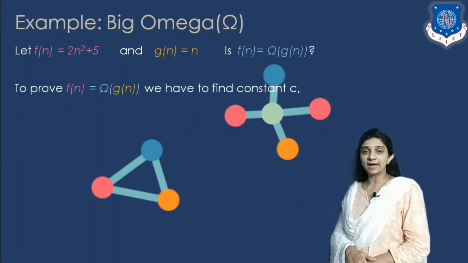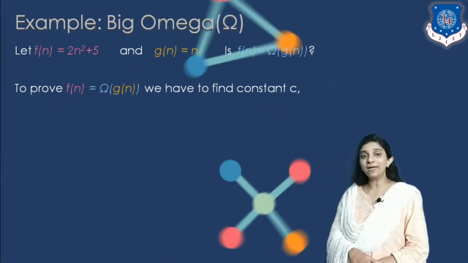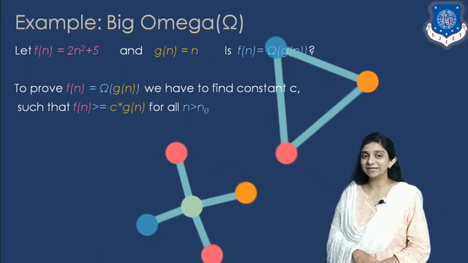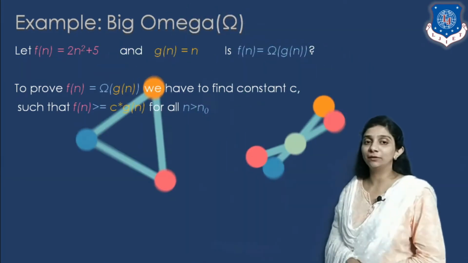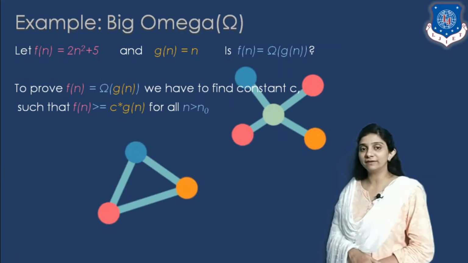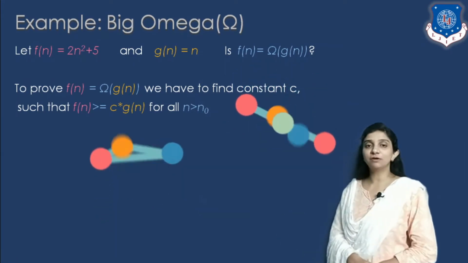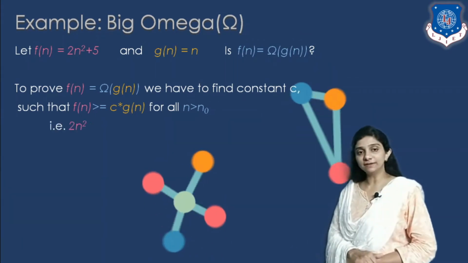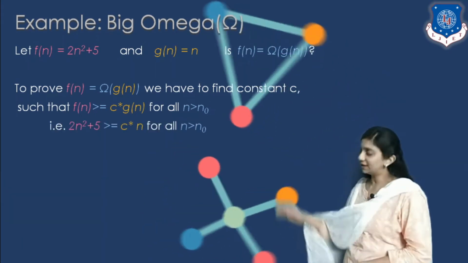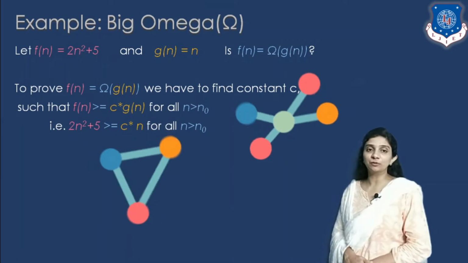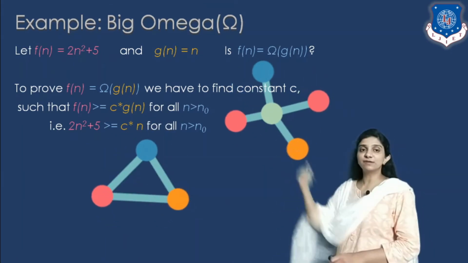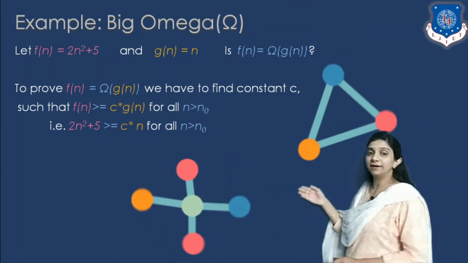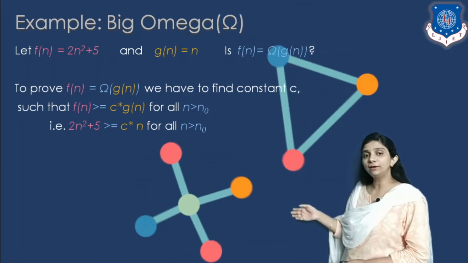To prove that f of n is in omega of g of n, we have to find a constant c such that f of n is greater than or equal to c into g of n, by the definition of big omega, for all values of n greater than n naught. So in place of f of n, let me substitute the value given in the question: 2n square plus 5 should be greater than or equal to c into n.